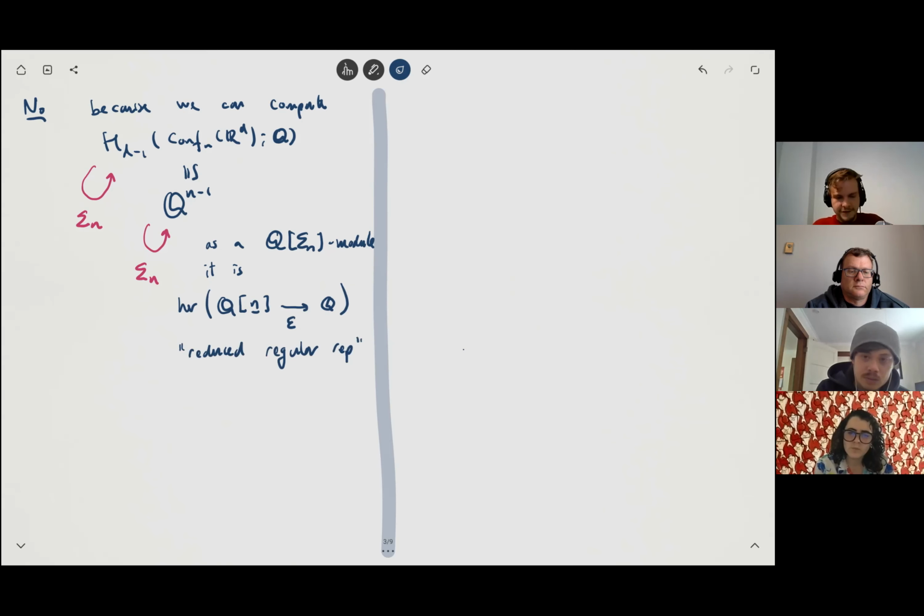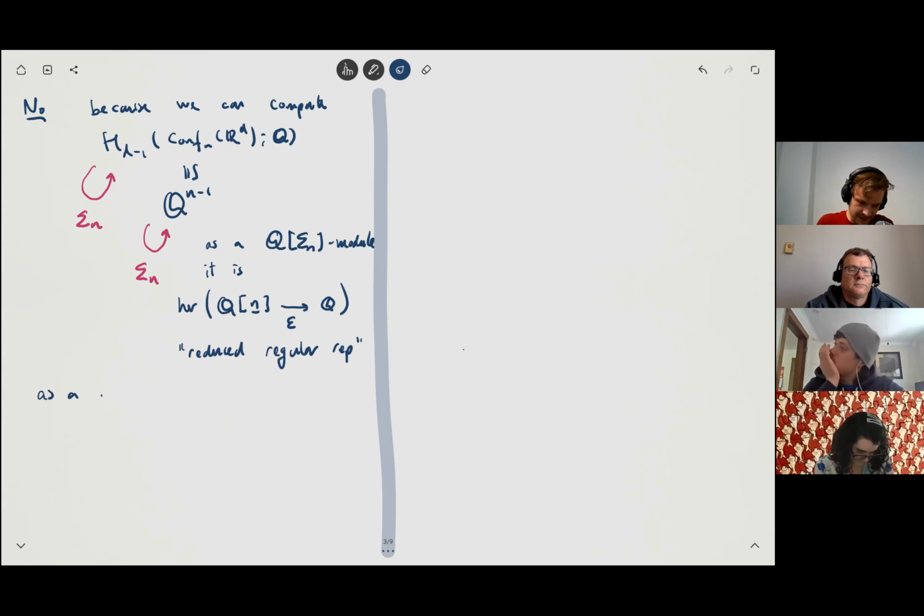In other words, this is called the reduced regular representation. Okay, so when we take into account the group action that's naturally present on this space, then this homology group does admit a uniform description for n sufficiently large, in this case, in fact, for all n.